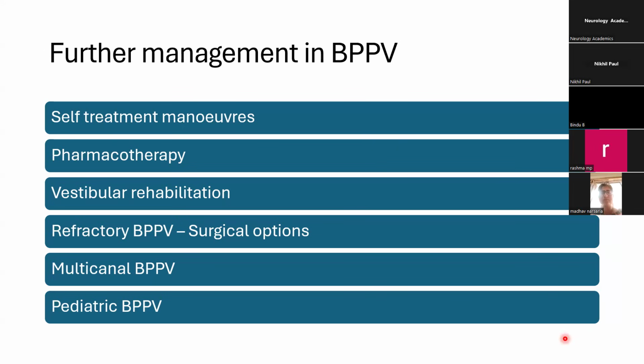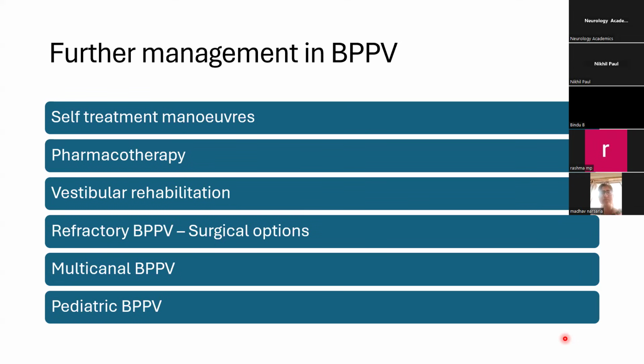Lying on the left, whether it protects, I'm not sure. It makes it more susceptible for the otoconia to dislodge into the posterior canal. I'm not sure, I have to check.